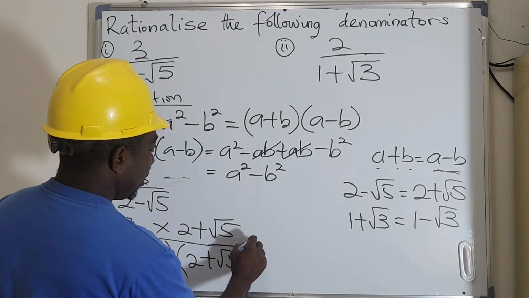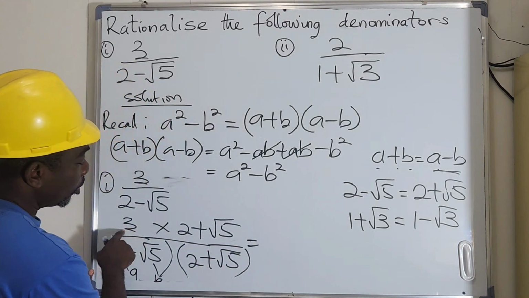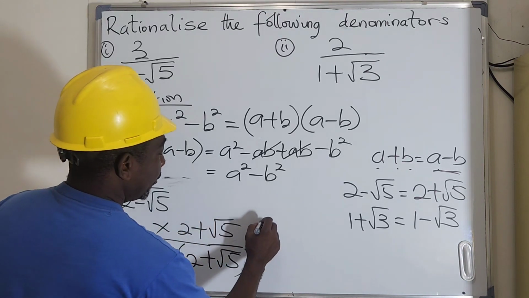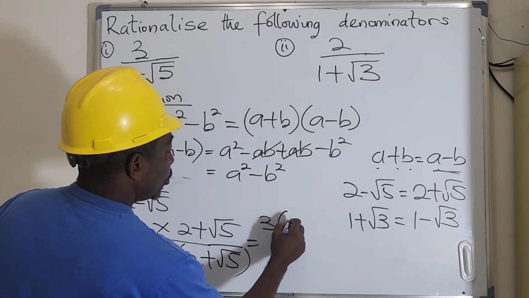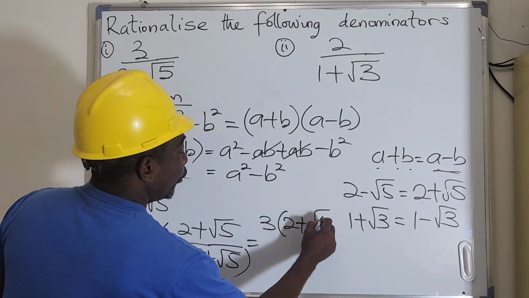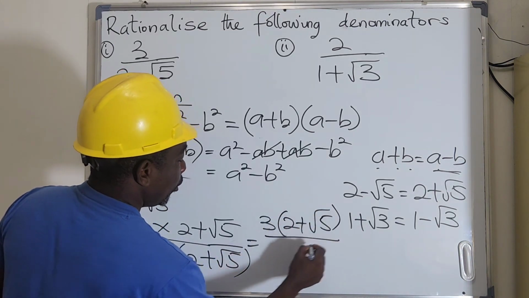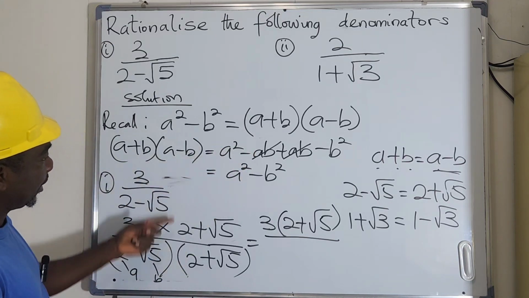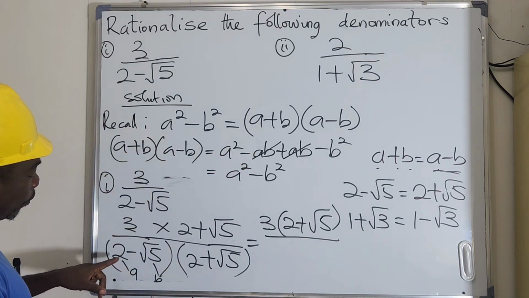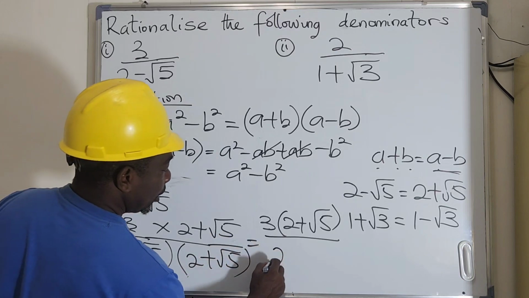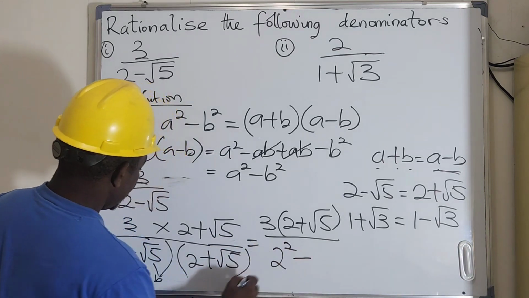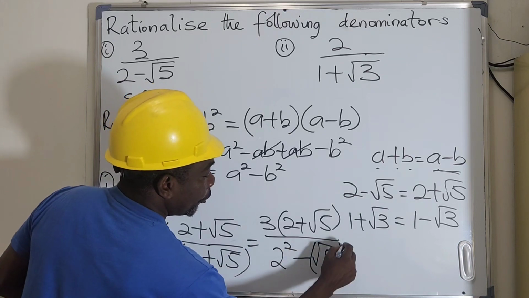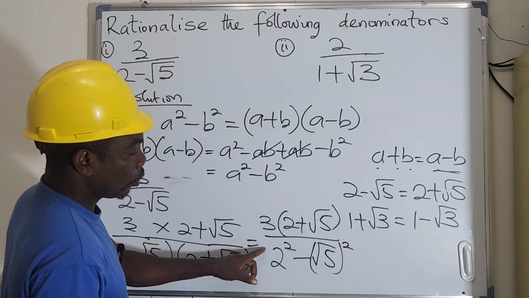So all this means is, we multiply the numerator, which is 3 times 2 plus root 5, all over, then this one, if you want to present it in this way, it's going to be 2 squared minus root 5 squared. So this is what it means.